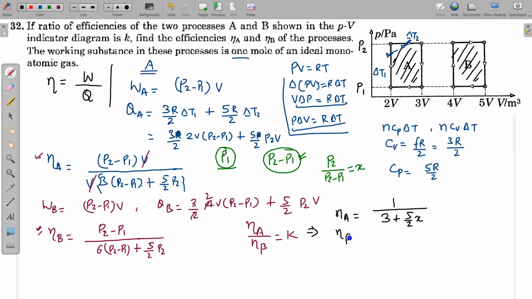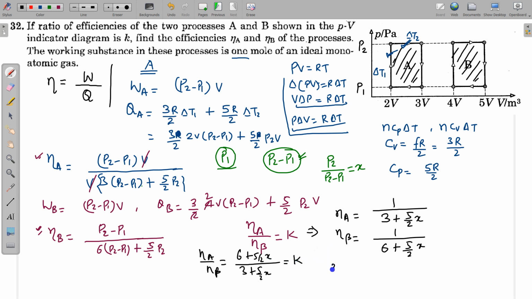Now this eta B I can write like this: 1 divided by 6 plus 5 by 2 into x. And after dividing I get eta A by eta B equal to (6 plus 5 by 2x) divided by (3 plus 5 by 2x), and this ratio is given as k.